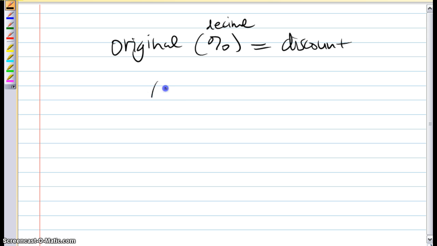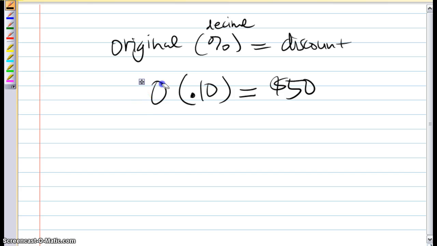The original I don't know, so I'm going to use an O. The percentage I do know, it's 10%, so times 0.10. That's equal to the discount. The discount that I got was $50. So there's my equation, and this is my variable. Why don't I just use the x since it almost looks like a 0?